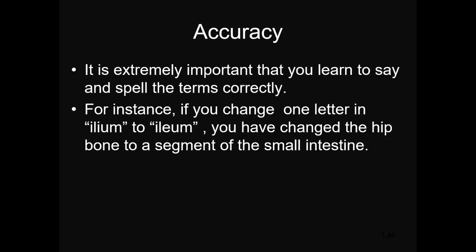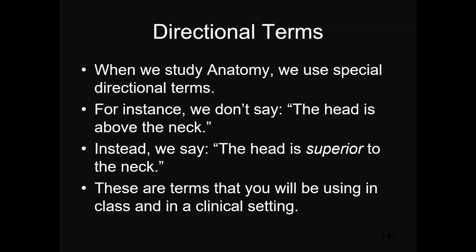There are several other things like this, especially in bony markers, where we change one letter and we change the structure. In terms of saying things correctly, you just don't want to sound stupid. So pronunciation is also important in terms of people understanding you, and so they don't laugh at you later.